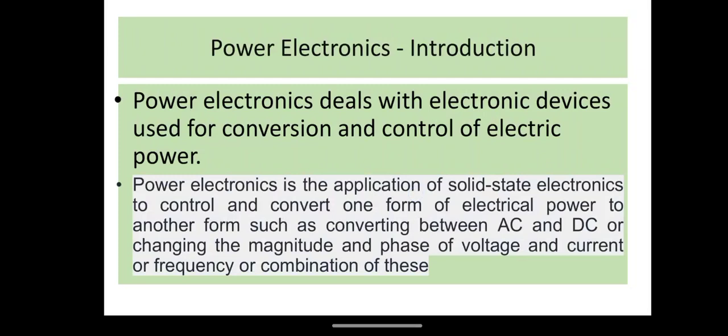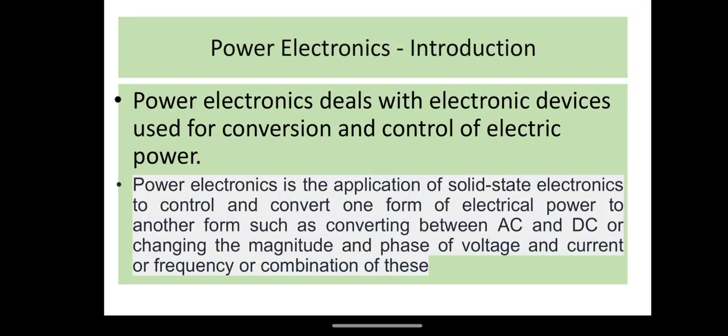So the more apt explanation would be this: power electronics is the application of solid state electronics to control and convert one form of electrical power to another. Converting between AC and DC is called a rectifier, DC to AC is called an inverter, and DC to DC is called a chopper.